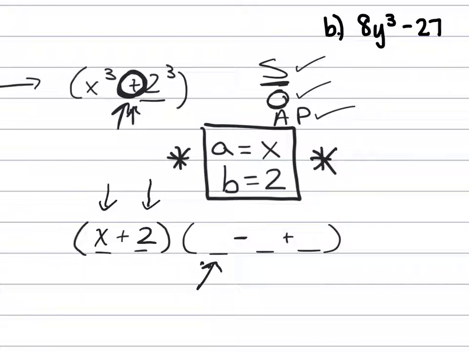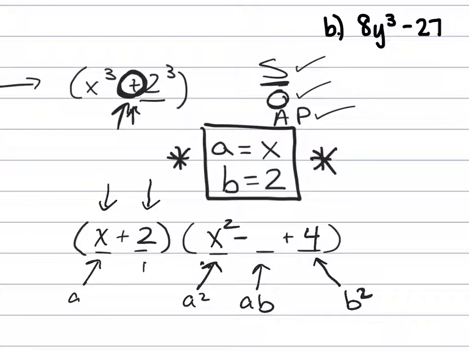What's A squared? I'm going to put B squared right there. What's B squared? What is 2 squared? 4. And then finally, this one is A times B. What is A times B?